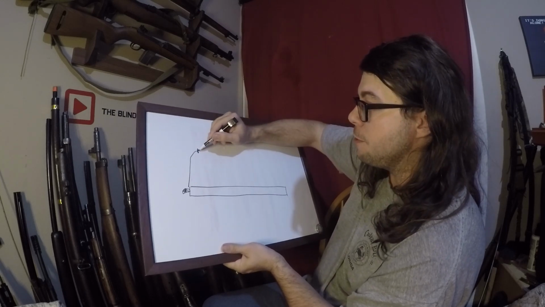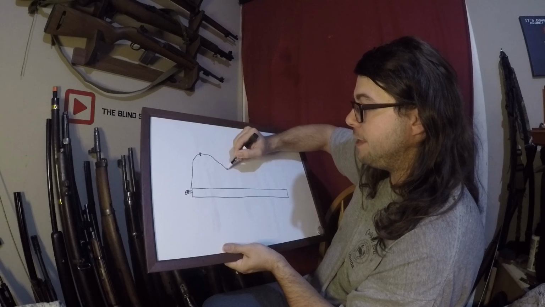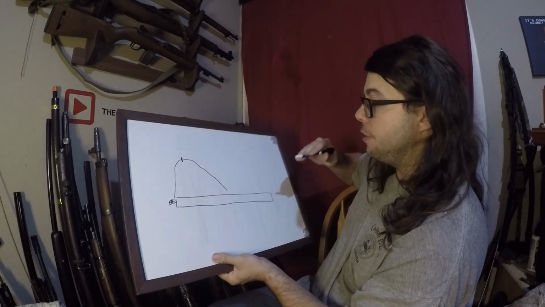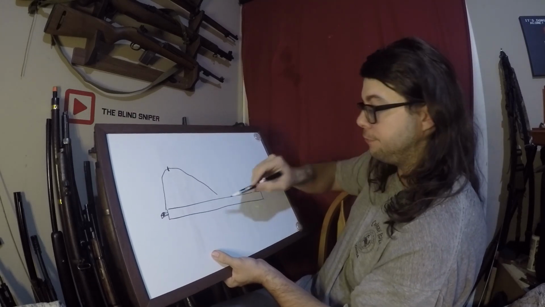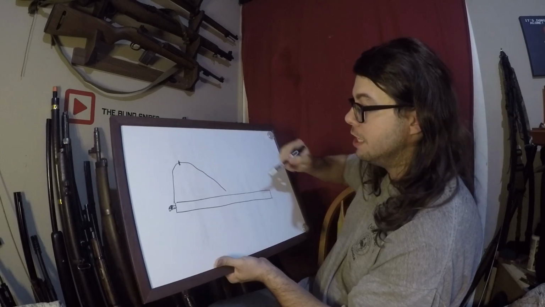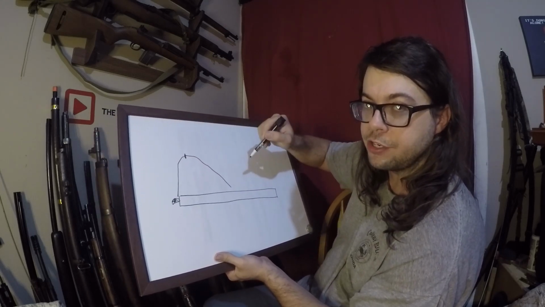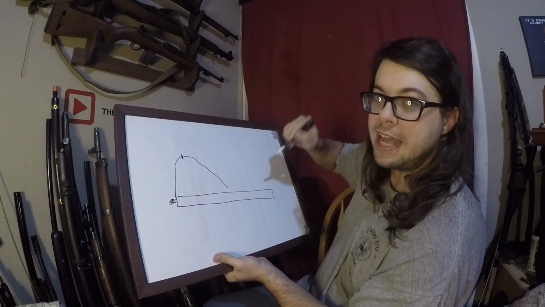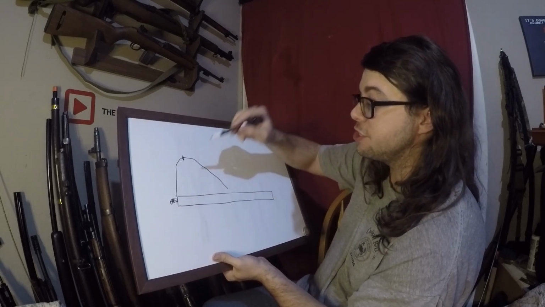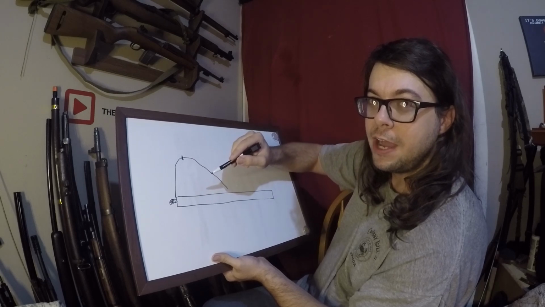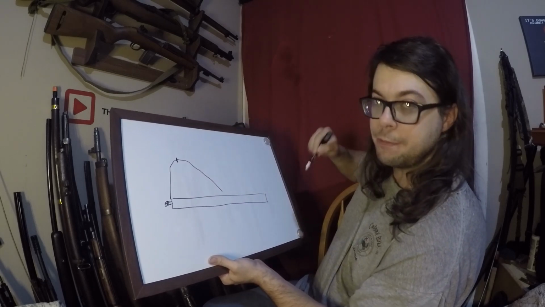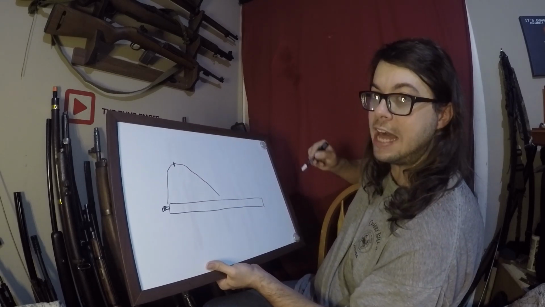And even though the pressure curve is significantly lower, oftentimes to the point where you lose pressure before the bullet even leaves the barrel, it still has enough time to climb in pressure as it pushes that bullet down the barrel, to the point where the gun will reach catastrophic failure before the bullet leaves the barrel, because that pressure is still climbing.